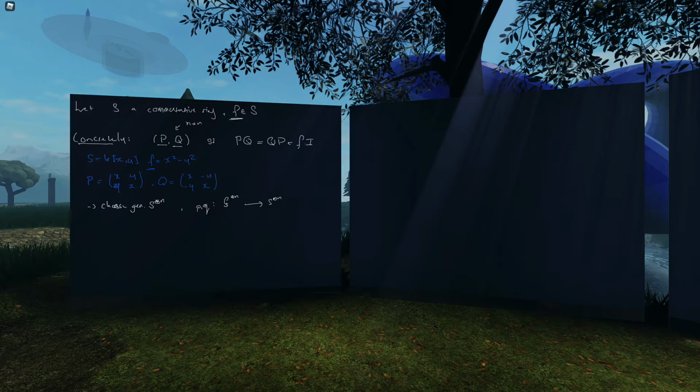With this view, we can express the data of this matrix factorization like so.